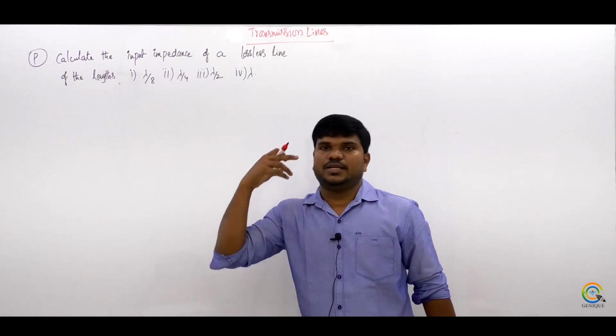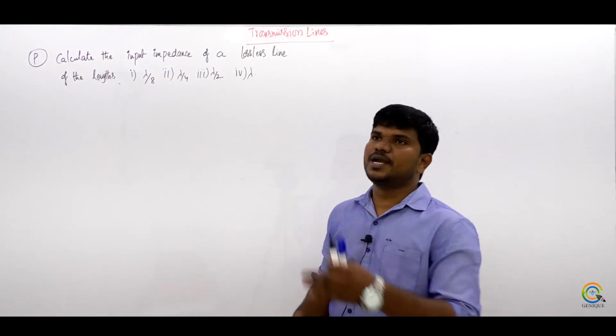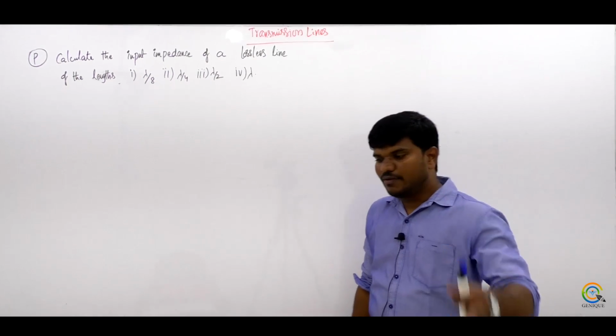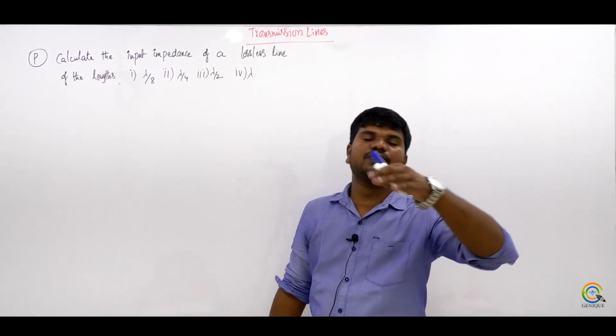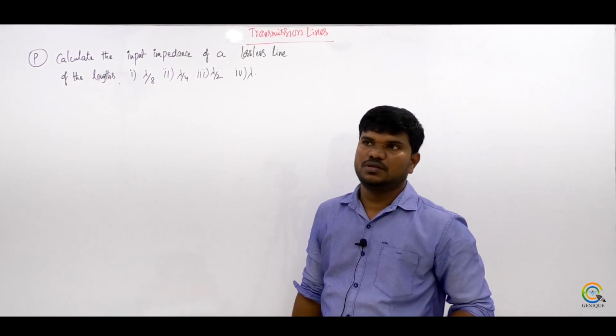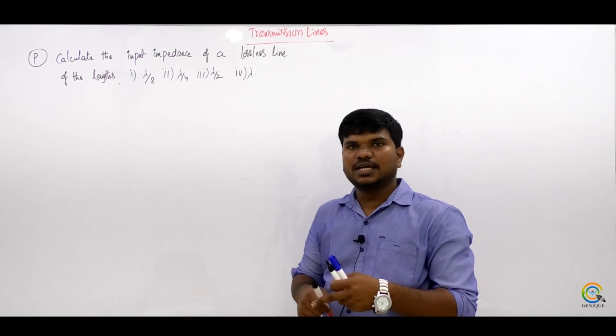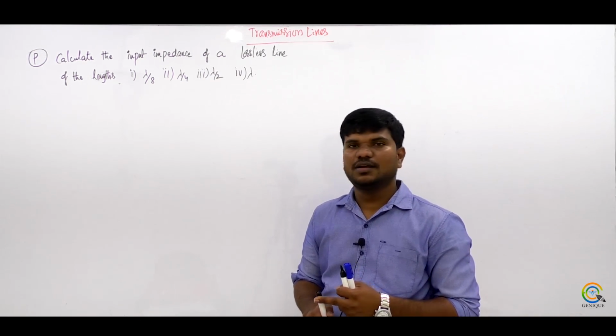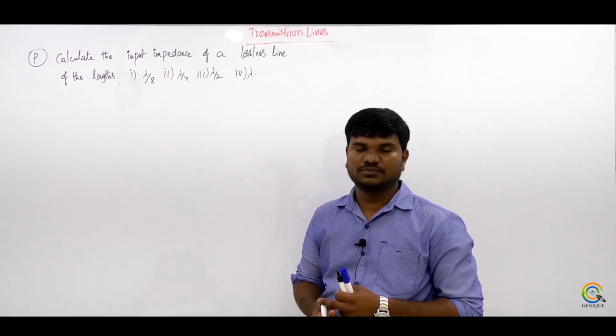So where do we use the conductors for propagation of the energy? Wherever there is a current and voltage wave, the current will definitely exist in the conductor, and the voltage also will exist in the conductor.